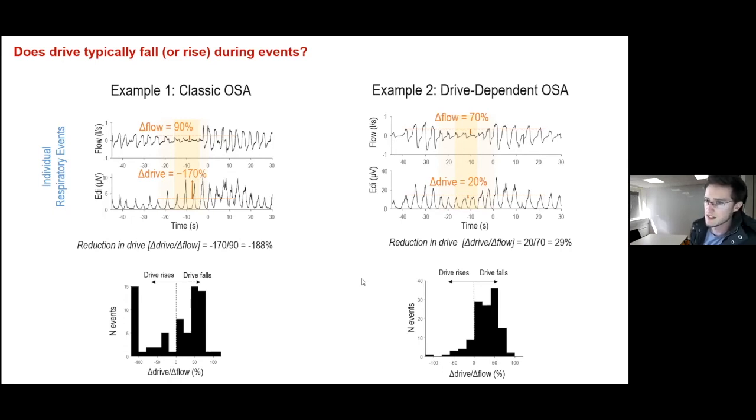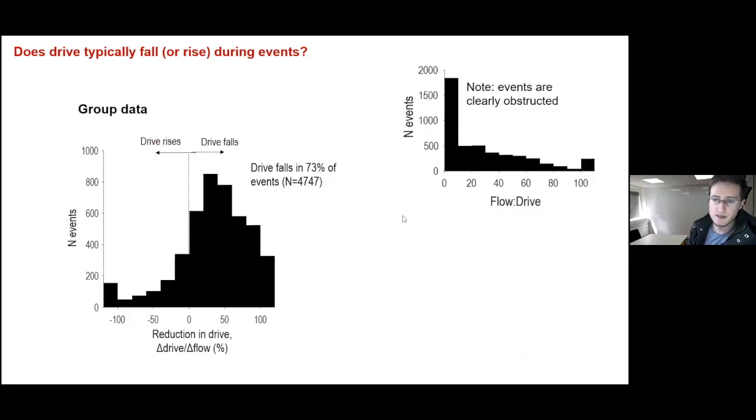It looks at the kind of global resistance of the whole breath rather than a certain moment in time, which is complicated. So resistance changes within a breath. But if we look at flow drive, we tend to see overall that there is a loss of conductance, or one-on resistance, as the event goes on.